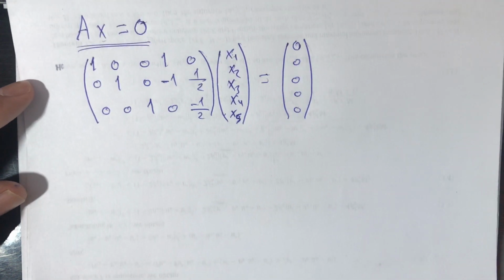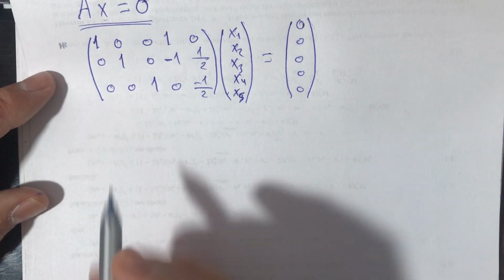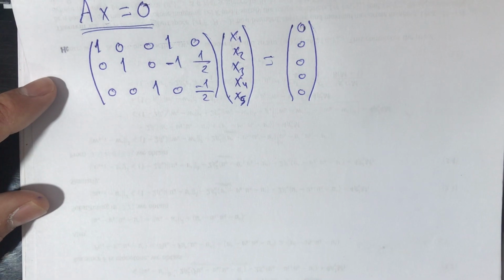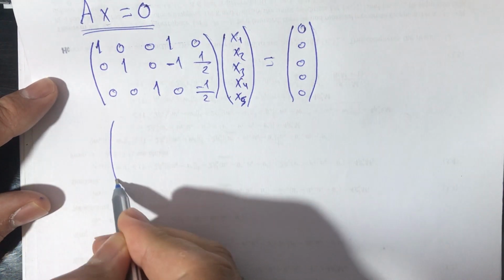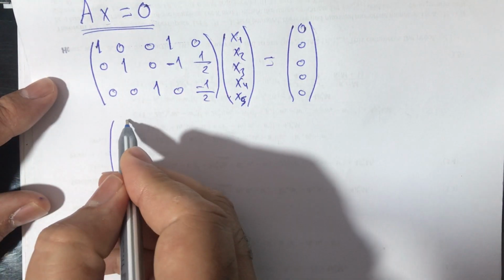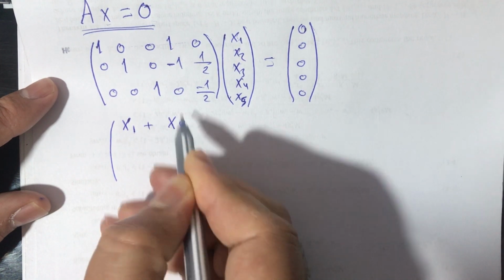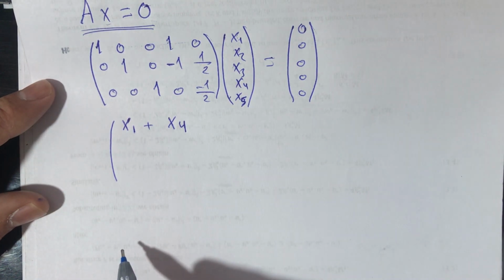Now we multiply this and get the equations. Multiplying this by this, what do we get? This will be x1 plus x4, right?